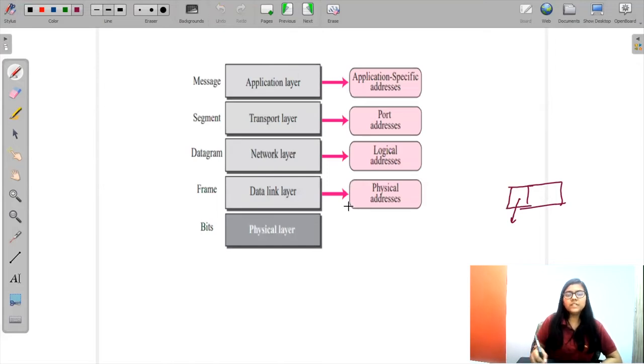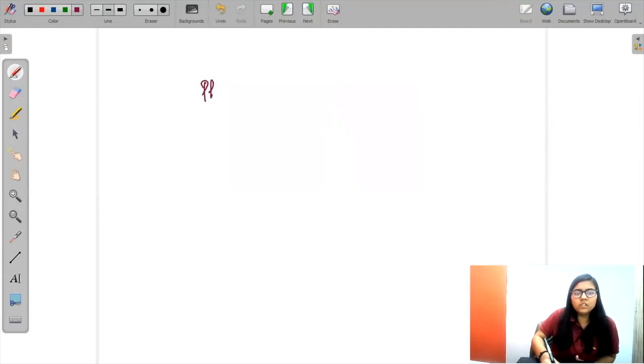Yeah, this is basically the diagram. Here you can see that at the data link layer level physical addressing is done, at the network layer level logical addressing is done, at the transport layer level port addressing is done, and at the application layer level application specific addressing is done. This is just to help you recall that we discussed these things when we were discussing the functions of the different layers, right?